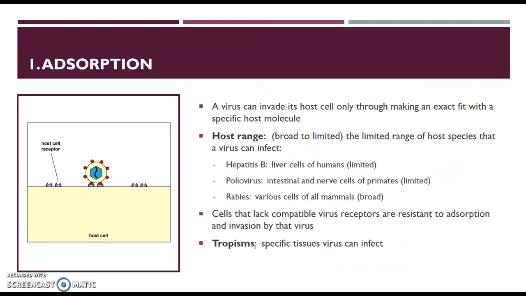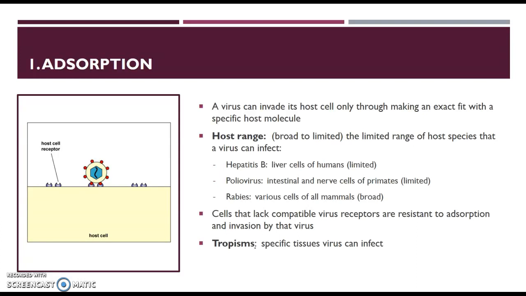So let's talk about some of the details of each of these steps. First, we have adsorption. And adsorption is very specific between the host cell and the virus. And this involves the range of the virus as well as the tropism.